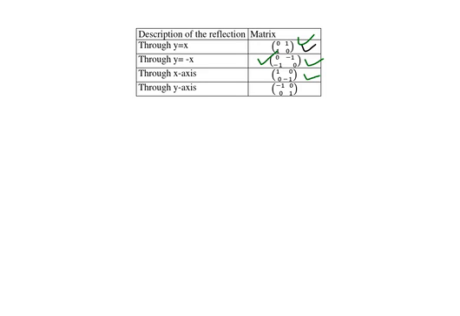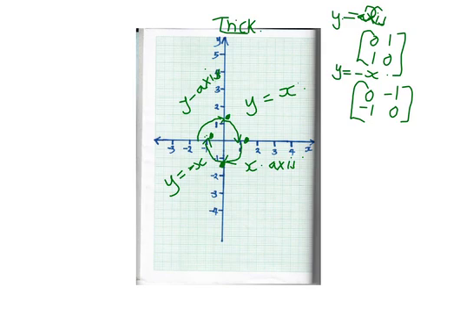Now we go to the x-axis, which is on this side. So we are moving from this coordinate to this coordinate. We take this coordinate over here, which is 1, 0, to make the matrix of transformation for the mirror line x-axis.